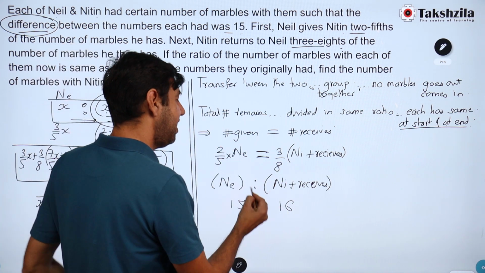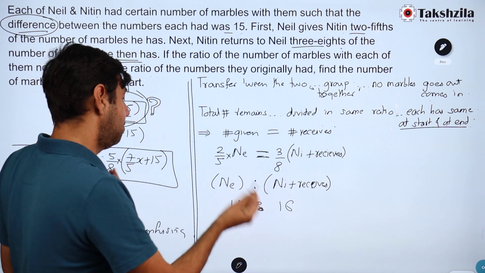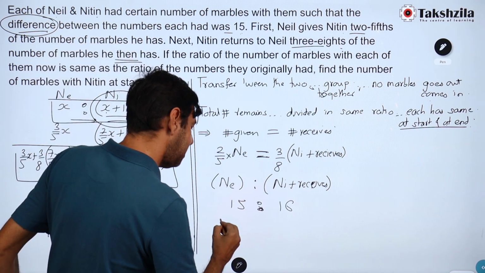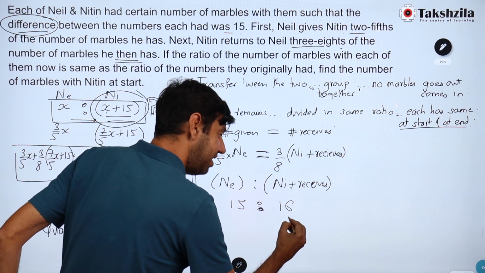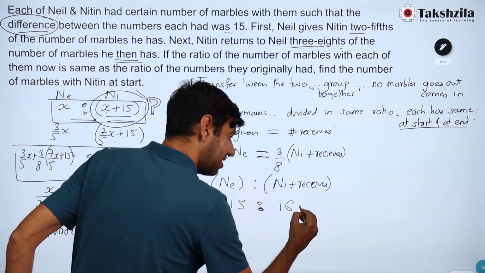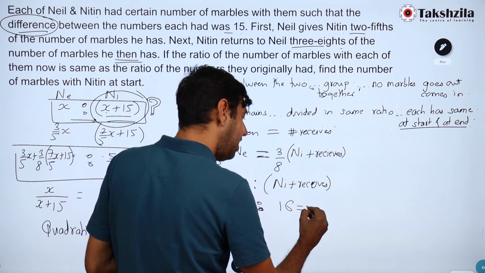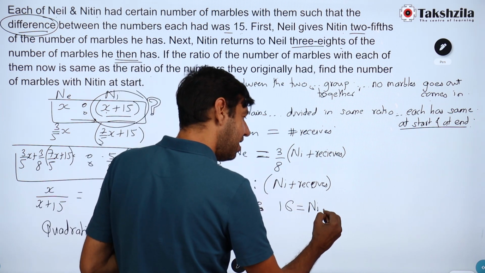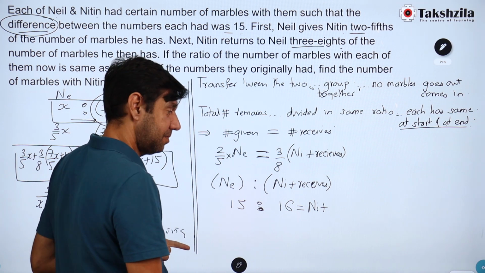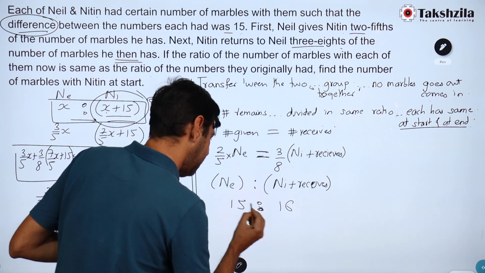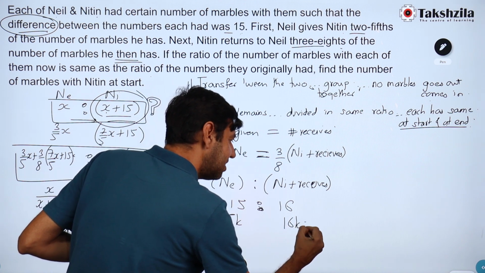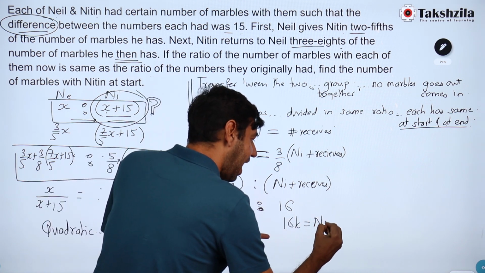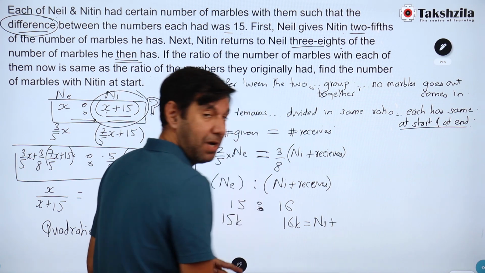So this is 15 is to 16. You could say this is 15k and 16k. And do not forget that the 16k is whatever Nitin had at the start plus what he receives.